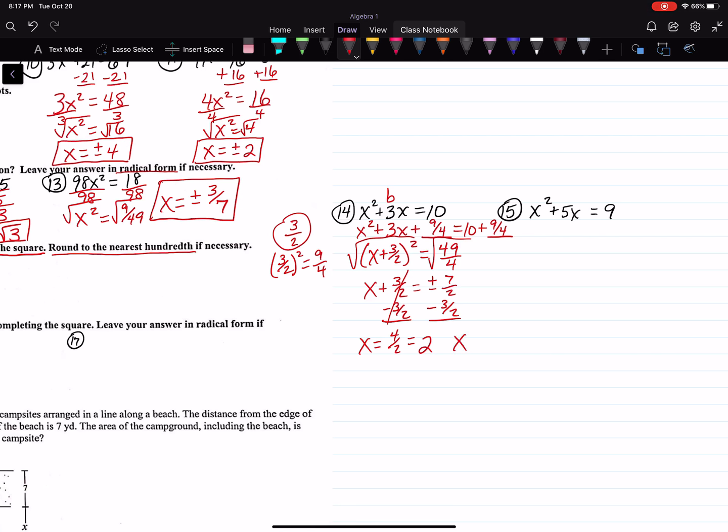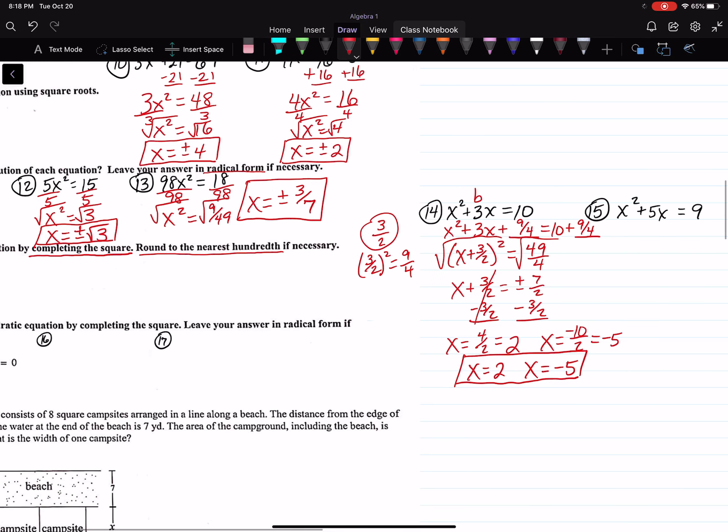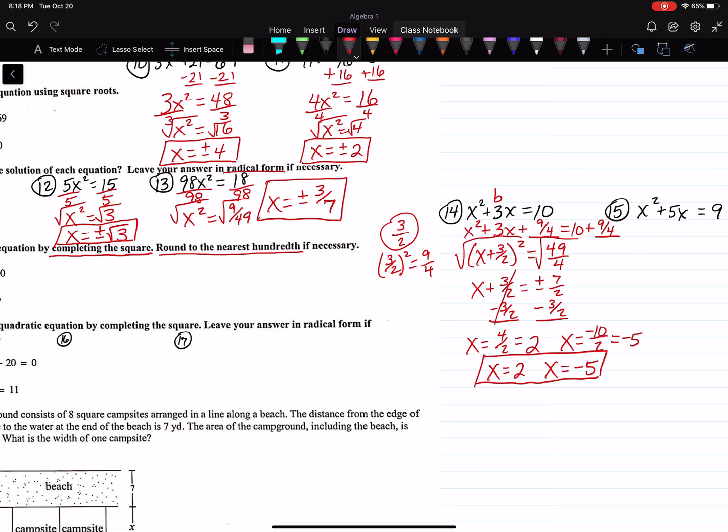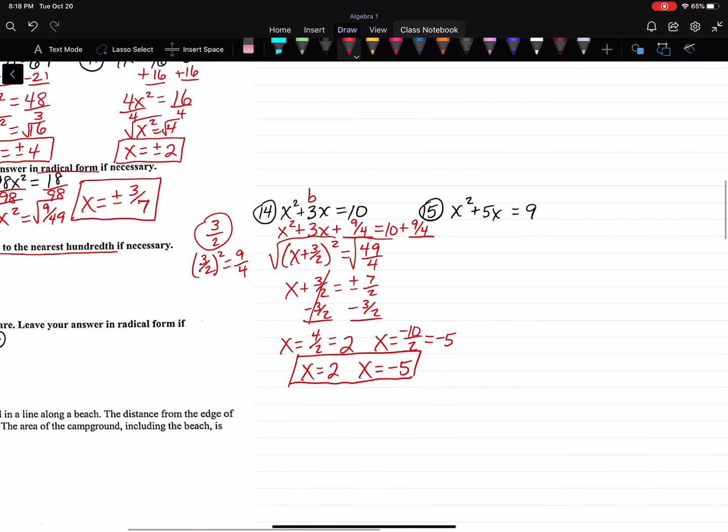And then we also get negative 7 over 2 minus 3 over 2 is negative 10 over 2, which is negative 5. So we get x equals 2 and x equals negative 5. And if you want to graph it and double check it, you can, but the directions do say work it using completing the square. So we need to make sure we do that, okay?